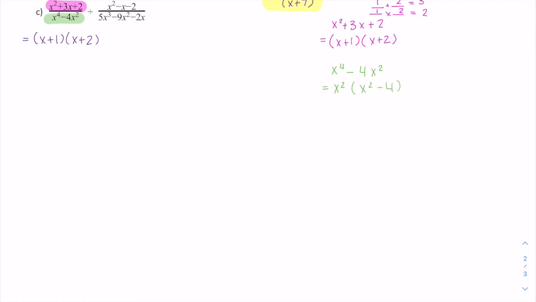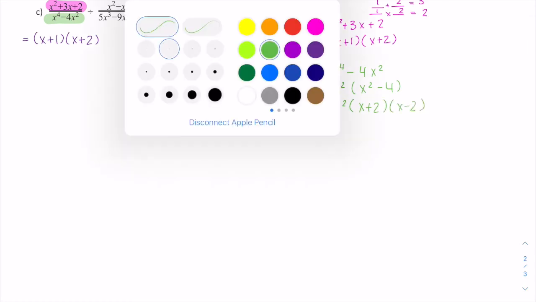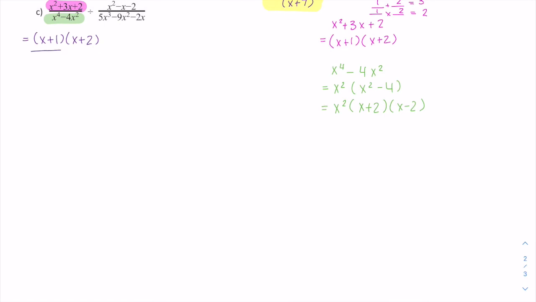Now the stuff in the brackets is a difference of squares, so I can continue factoring. And I have x squared, x plus 2, x minus 2, just like that. So now I can write that into my equation. Like that. And let's just continue on.